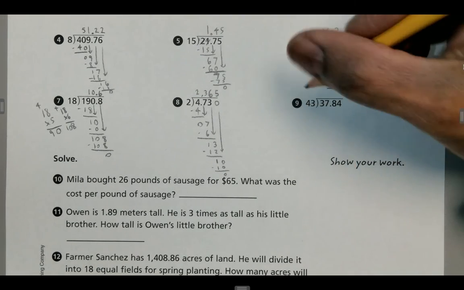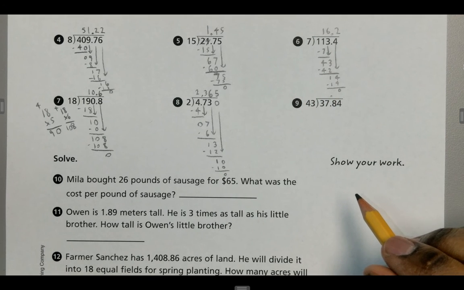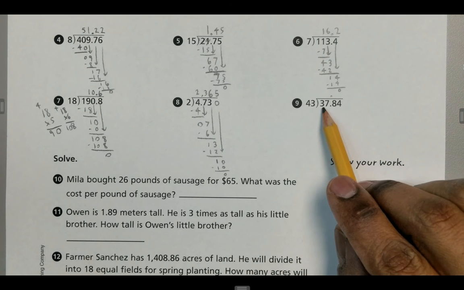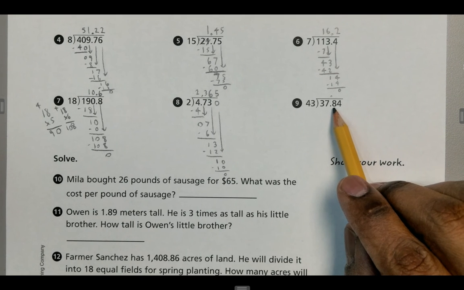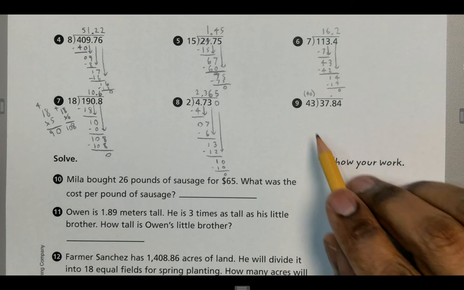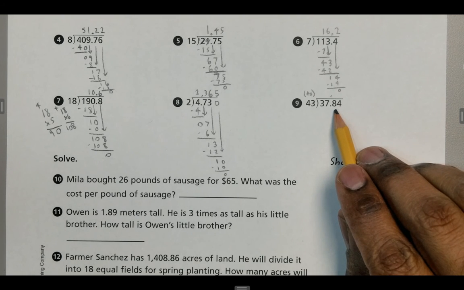Finally, number 9. Insert the decimal point. 43, how many times does 43 go into 3? No. 37, no. 378. Okay. 43 is close to 40. 40 times 9 is 360.